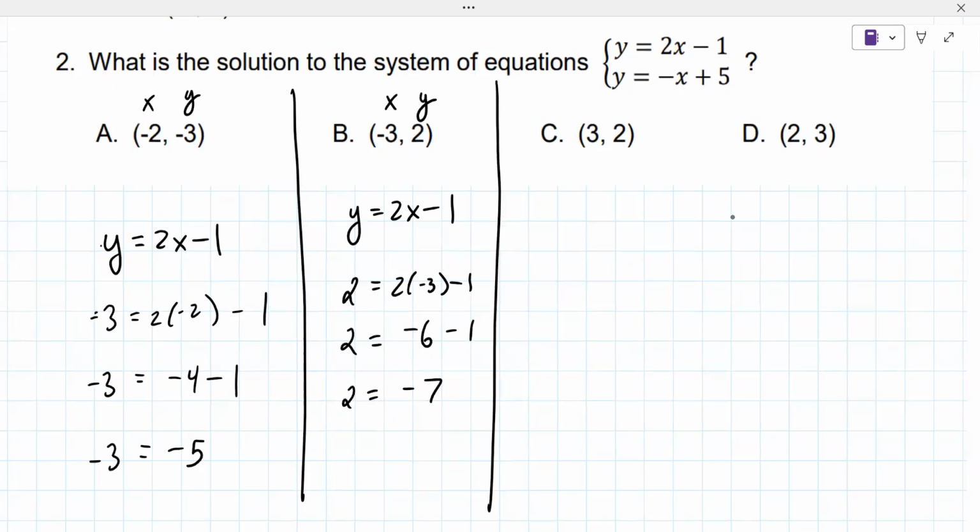No. So I want you to try this next one on your own here. I want you to put 2 in for y and 3 in for x and tell me if it works. Okay, let's see. 2 in for y.